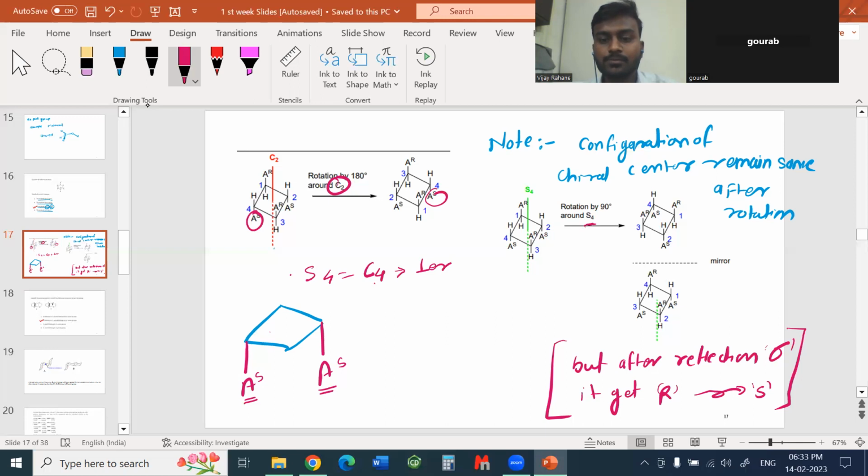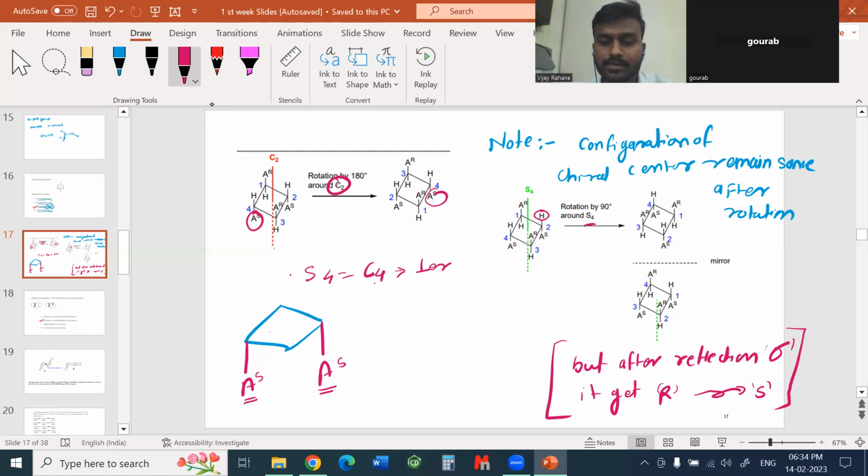C4 means we need to rotate the molecule by 90 degrees, since 360 divided by 4 refers to 90 degrees, right? The simple one. So we just rotate the molecule by 90 degrees, and we can see the hydrogen here. After rotating it by 90 degrees, it will go here.